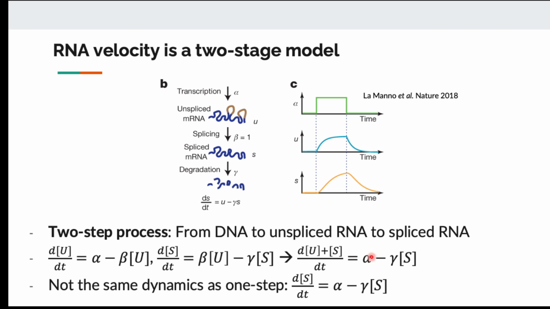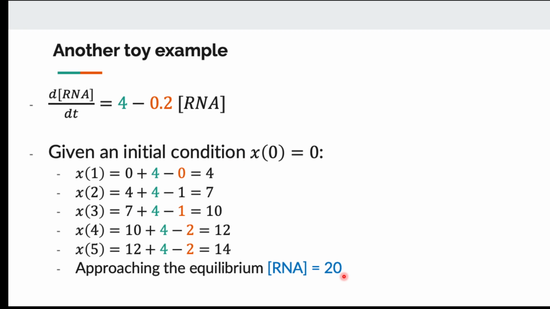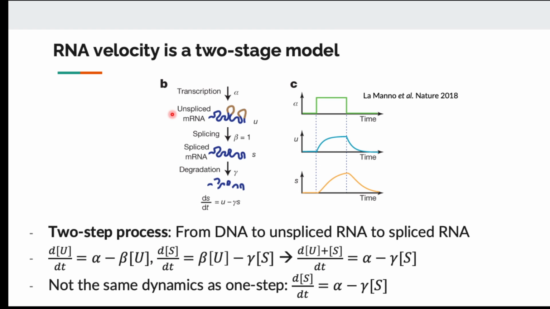Because if we compare these two models, in our earlier example we imagined that RNA is a one-step process. We have a production and we have a degradation. On the right-hand side, it's the same thing: we have the transcription rate subtracted by the degradation rate of the spliced RNA.